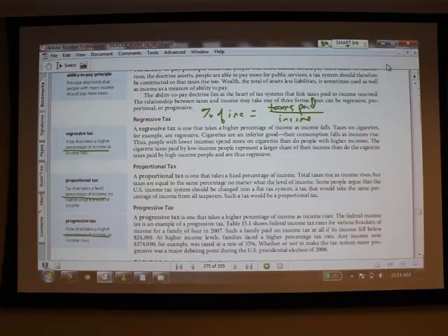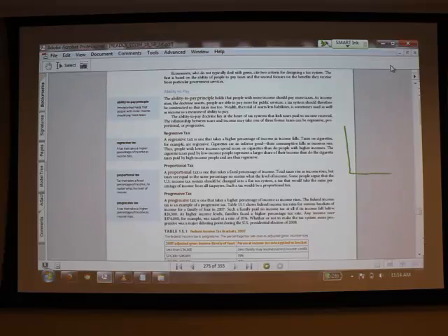And I can illustrate these three terms graphically. Let's say we have the following diagram. On the x-axis we have income, and on the y-axis we have tax as a percent of income.